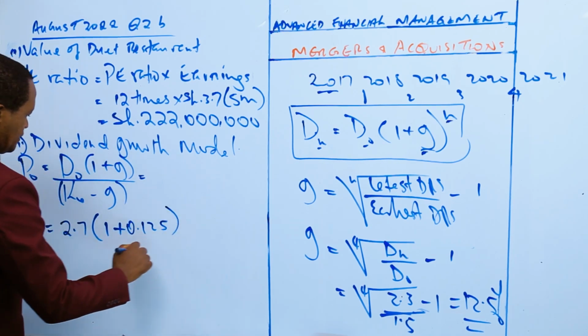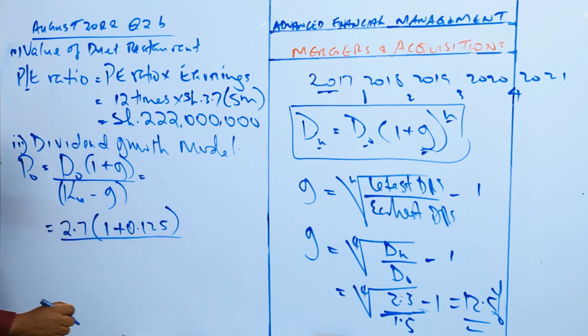Divided by KE. What is the cost of equity? Look at the first table in the question. The shareholders' required rate of return is 15%. That is what we are going to use to discount this amount. Our cost of equity is the cost of equity of Rona Hotel, the acquirer.